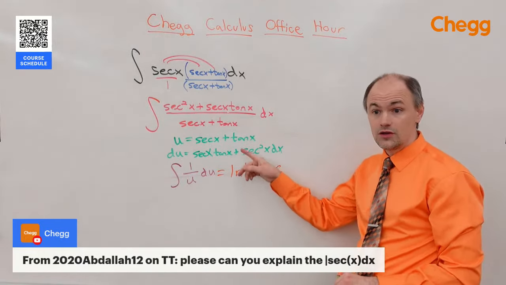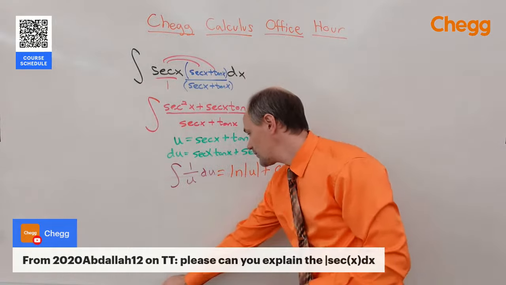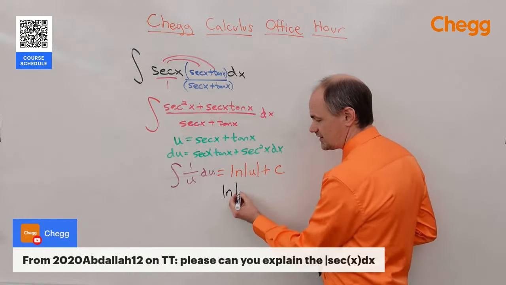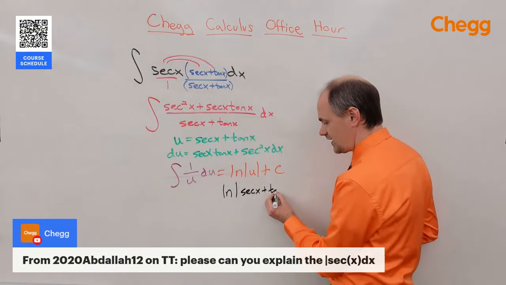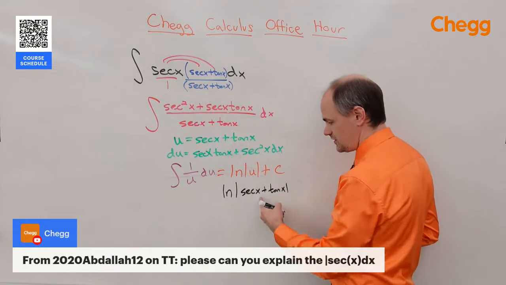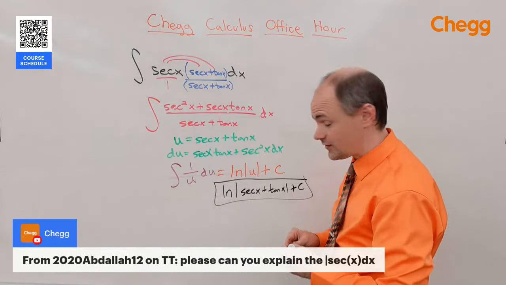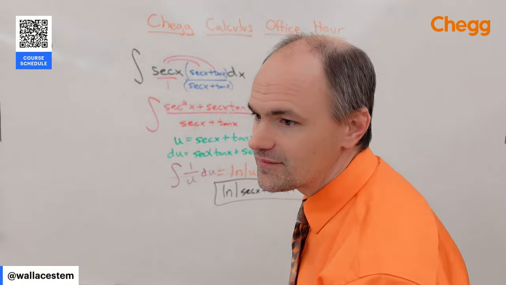But what is u? u is that substitution that we just said. And so that's where we get our formula that the antiderivative of secant x is the natural log of secant x plus tangent x. That's what our u is, plus our constant, because nobody's forgetting their constants, right? Excellent.